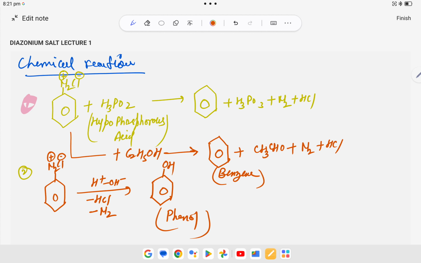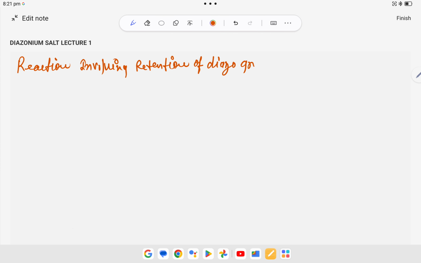In the next phase, we are going to discuss the second chemical property: reactions involving retention of the diazo group.